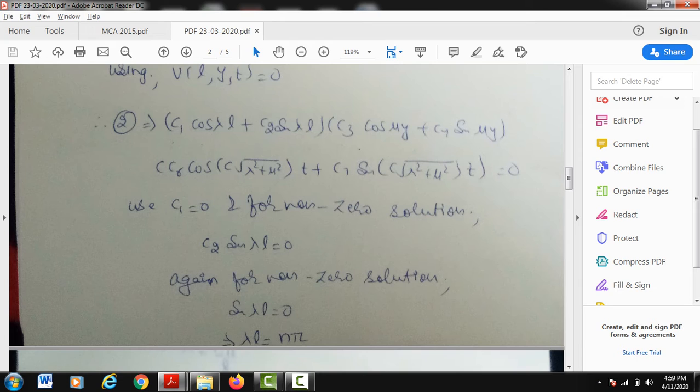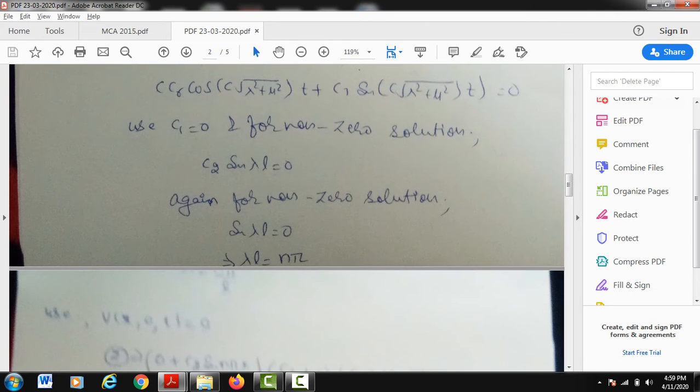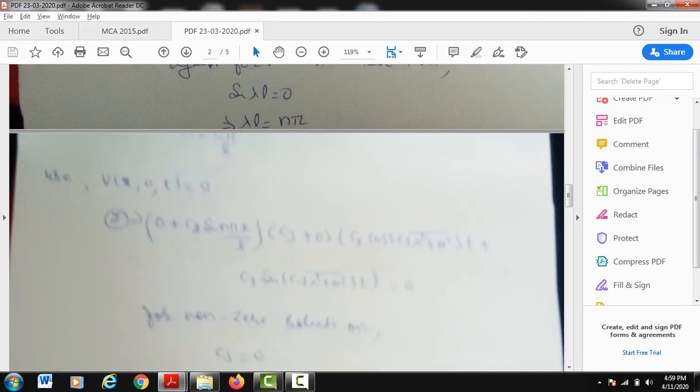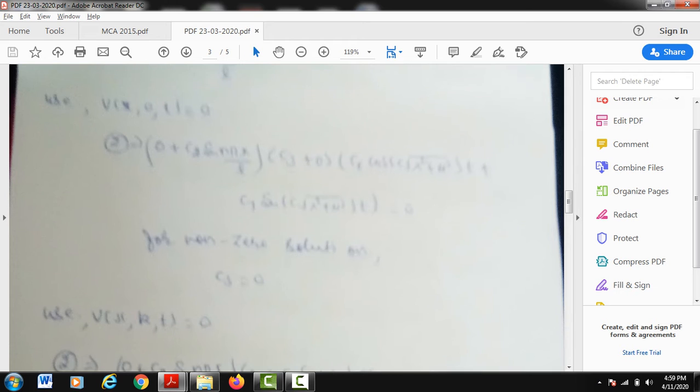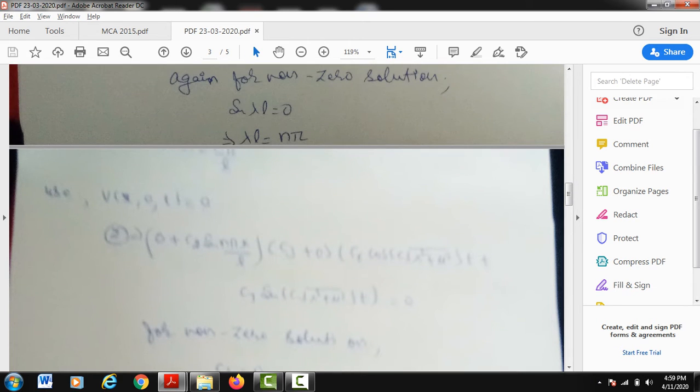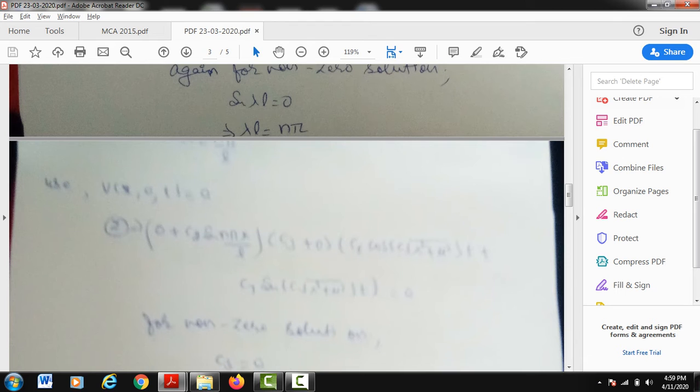One of them should be 0, and c2 cannot be 0 for the non-zero solution, so I am left with sin lambda L is 0. If sin lambda L is 0, lambda L is equal to n pi, where n is an integer. So lambda is equal to n pi over L.